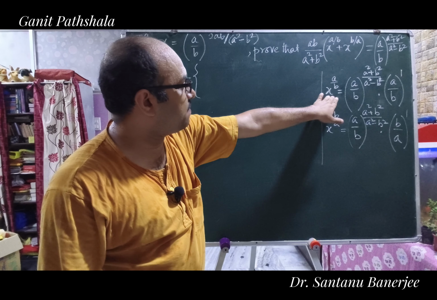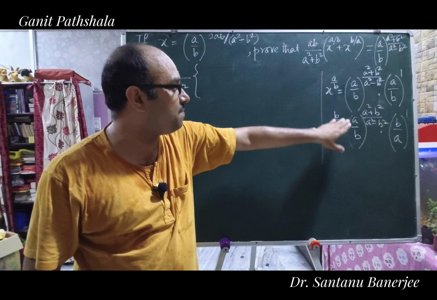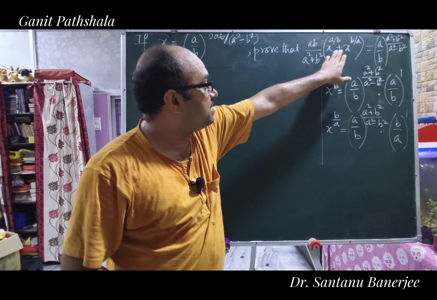Now what is x to the power a by b? Just put the expressions of x to the power a by b and x to the power b by a over here.